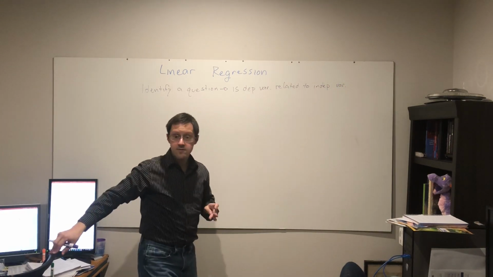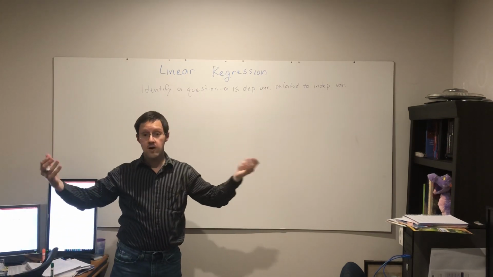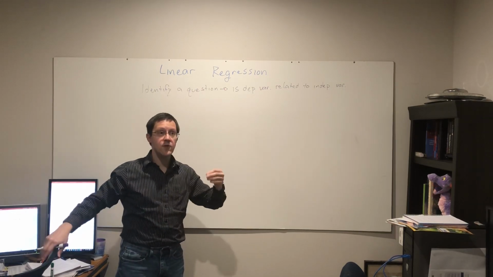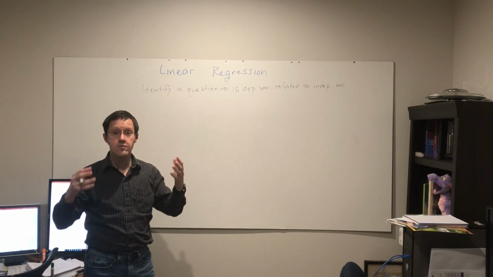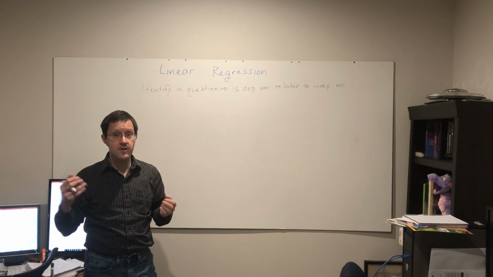In terms of identifying a question, what we're studying basically boils down to: is the dependent variable, whatever that is, related to our independent variable?